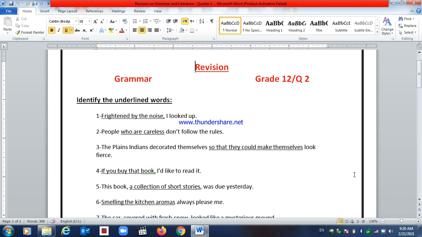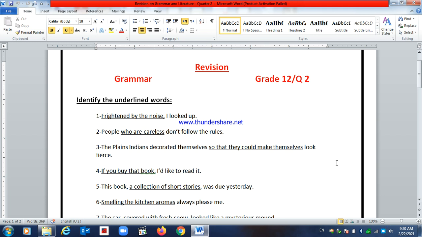The Plains Indians, this is the name of a tribe of the Indians, decorated themselves so that they could make themselves look fierce. I focus on the underlined, so that they could make themselves. These words that are underlined, are they a clause or a phrase? Of course a clause, because we have the pronoun they and we have the verb could make.